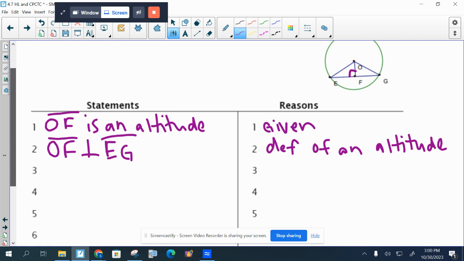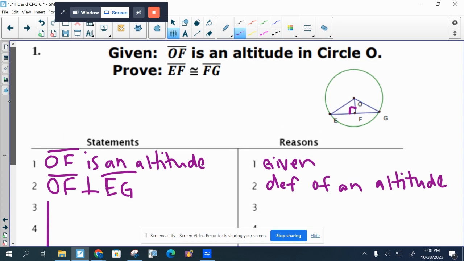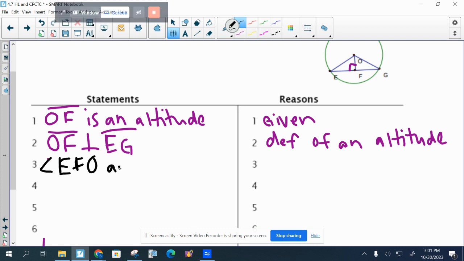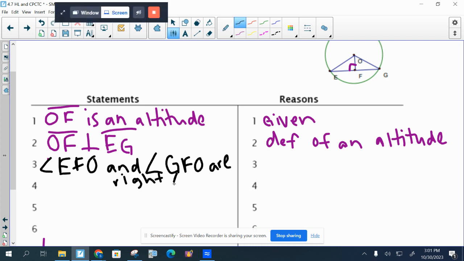And then if you know that they're perpendicular, you know that they form right angles. So you would then say angle EFO and angle GFO are right angles. That's the definition of perpendicular lines.